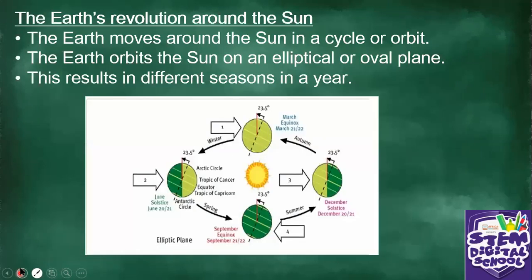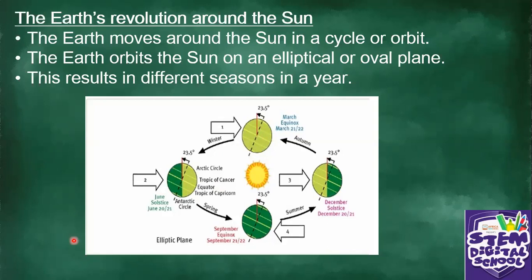And then we look at the Earth's revolution around the sun. The Earth moves around the sun in a cycle or orbit. The Earth orbits the sun on an elliptical or oval plane. What do you mean oval? It's not a straight shape like this.